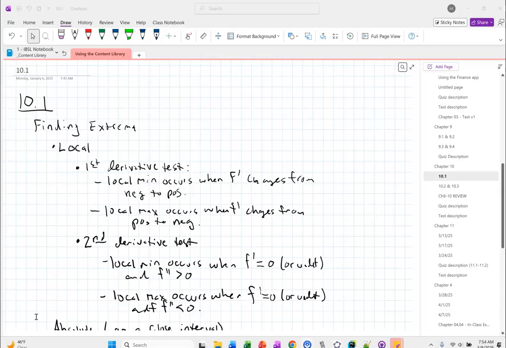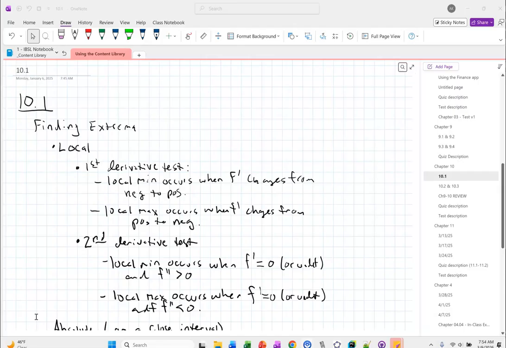The first thing that we're going to talk about in chapter 10 is finding extrema, so finding maximums and minimums, and we're going to talk about doing that algebraically. If you remember, there are two types of maximums and two types of minimums.